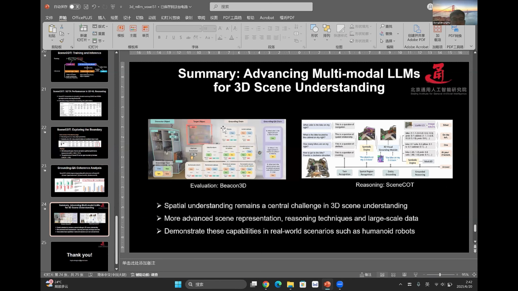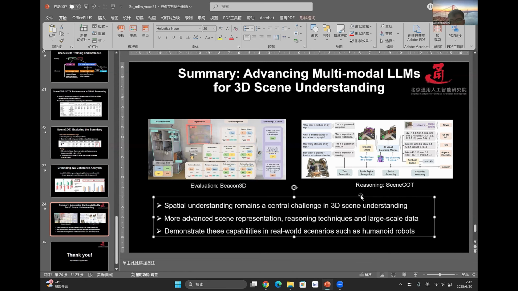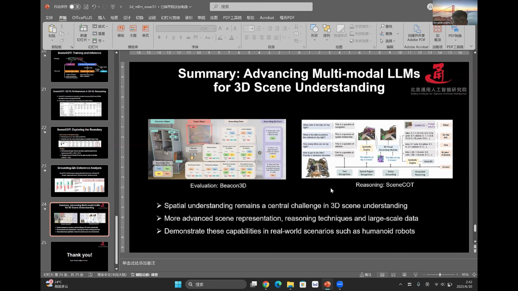To summarize, we propose a new 3D-VL benchmark, Beacon3D, and we propose a novel step-by-step reasoning framework, SIntCoT, to further enhance the 3D scene understanding capabilities of multimodal large language models.